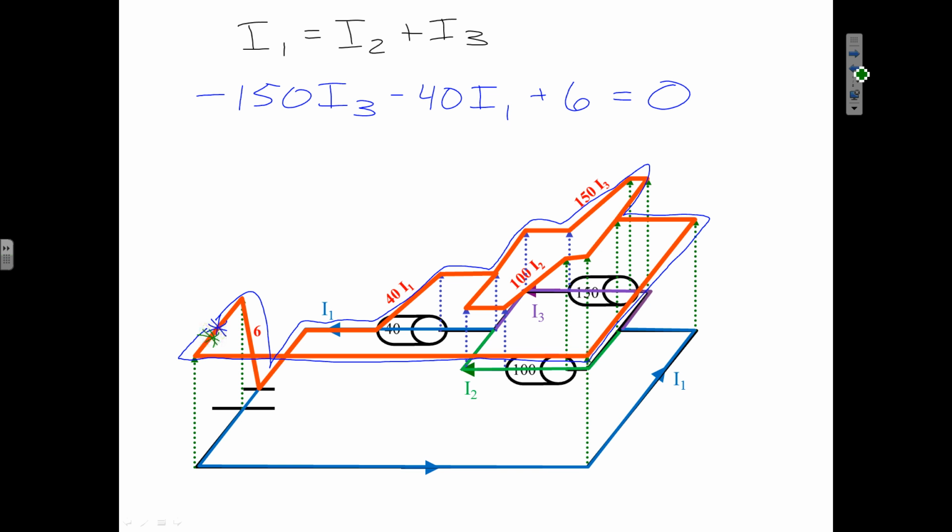Clockwise. Okay, so clockwise. So I'm going to go this direction. So I'm going to go here and down here, up to 40, and then transfer over, go up to 100, keep coming around, and get back to where I started. So now remember, when I go across the battery, is that going to be a positive or negative term?